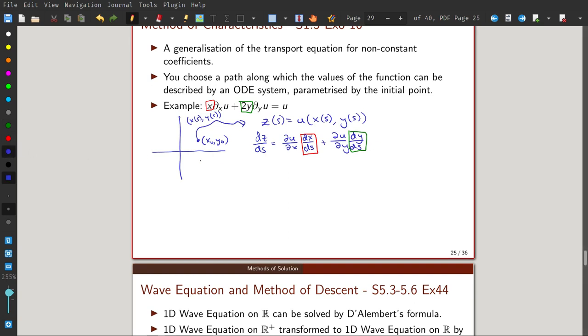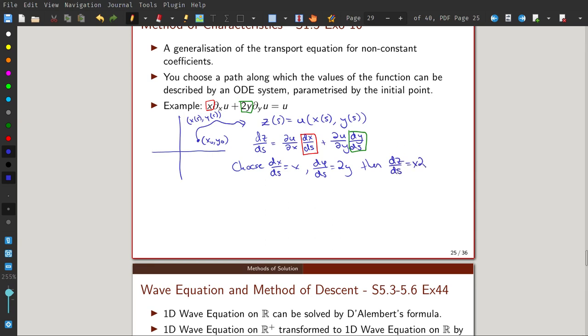Okay, so if we choose that dx/ds is equal to x, and we choose that dy/ds is equal to 2y, then dz/ds is equal to 2y, yeah, by making this choice.